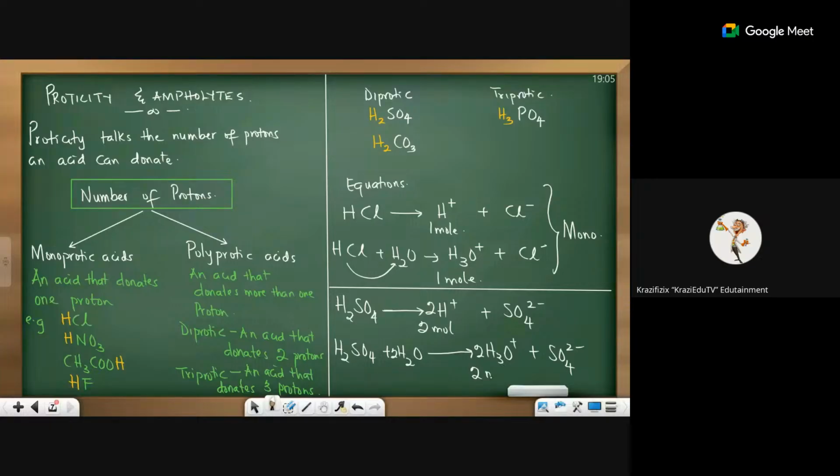What do you notice? 2 moles. So this is diprotic. So many tiny concepts would make up the acid and base story. Are we on the same page?